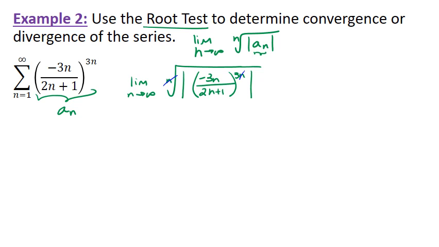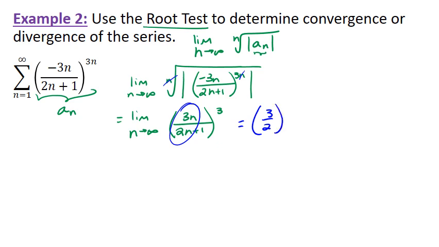So this limit becomes (3n over 2n plus 1) cubed. So all of this simplifies to this. Well, applying the rational roots type thing here that we've talked about 1,000 times, this limit is equal to (3/2) cubed, which gives us 27/8.